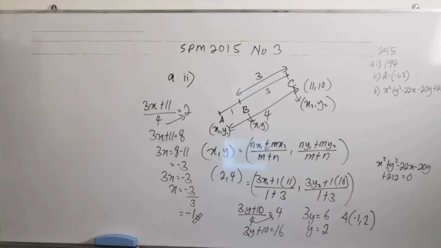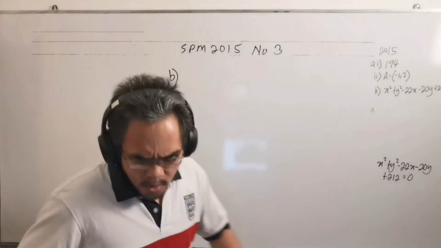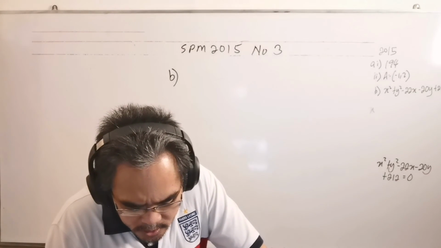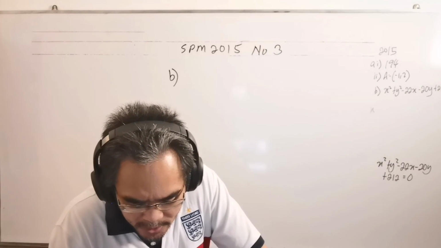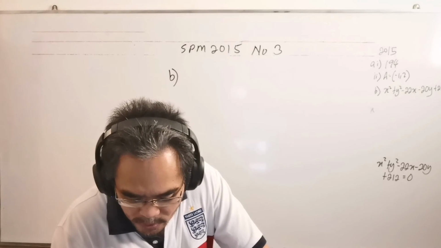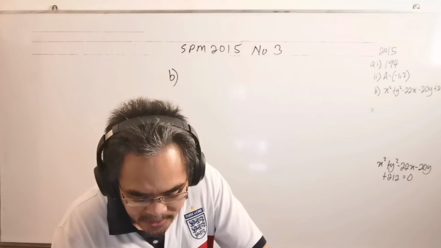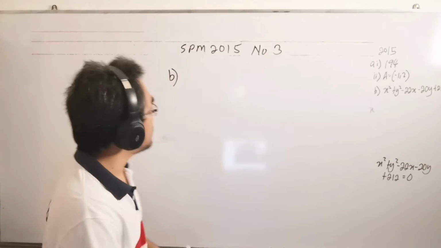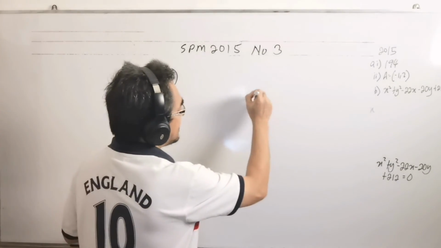All right. A scout spreads sulfur powder around tent C such that the distance of the sulfur powder tracks from the center of tent C is always 3 meters. Right? So tent C is somewhere here.